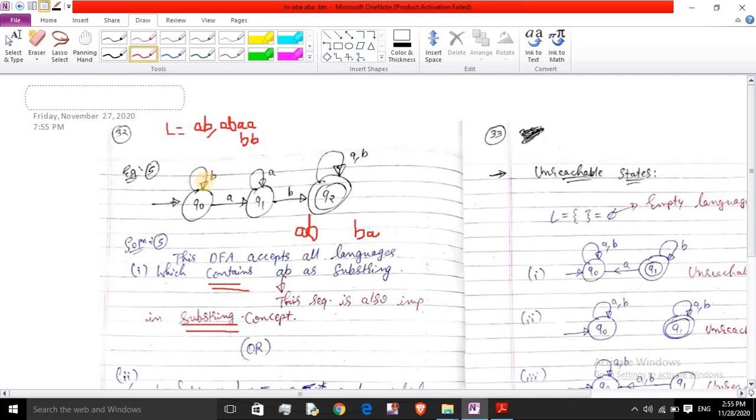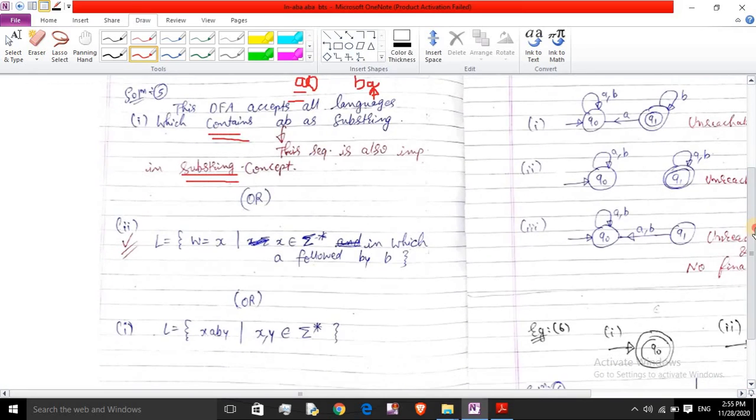If we get a B, we will remain in the Q0 state. If we read the symbol A on our tape head, then it will move us to the Q1 state, and Q1 is not our final state. So AB should be there as a substring. So this is for this machine.